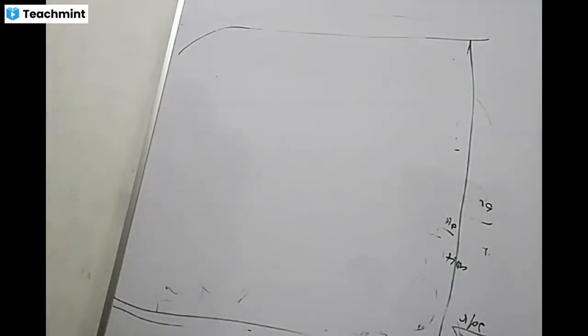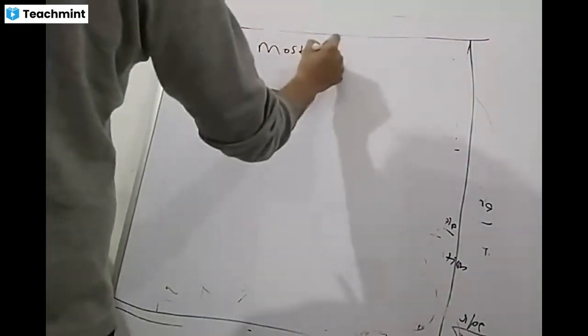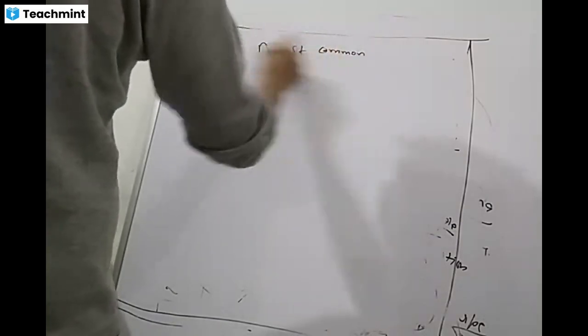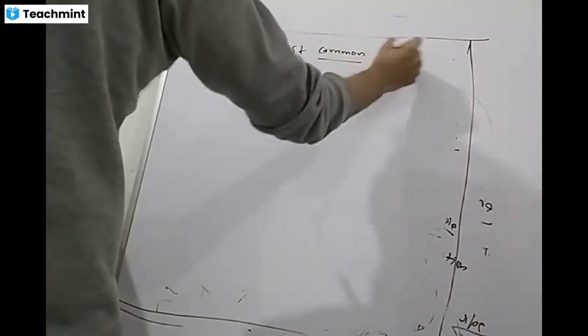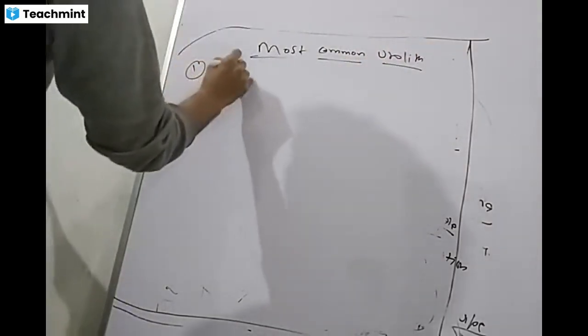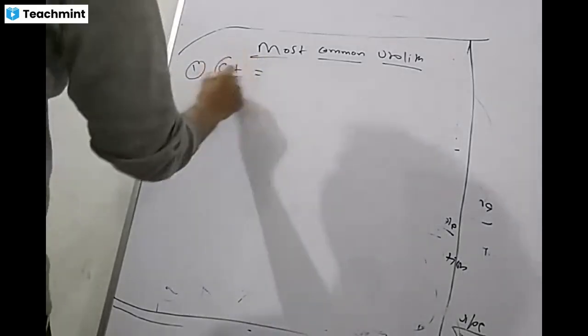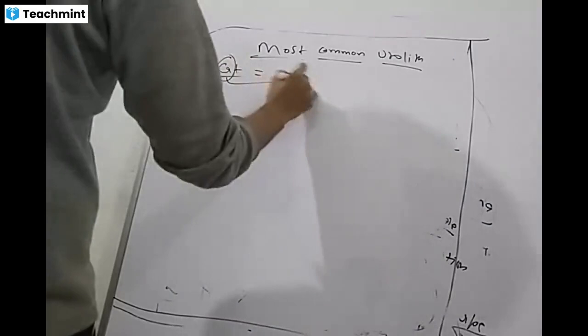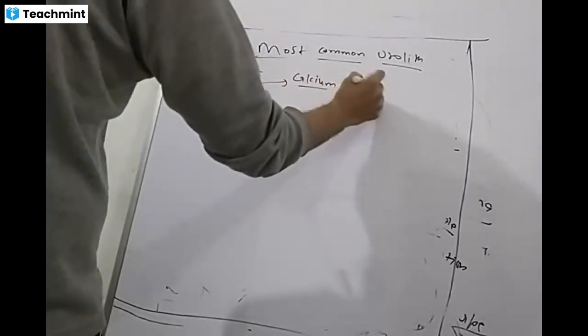So after predisposing factors, we'll see the most common urolith in different species. First, in case of cat, from the name itself, Ca, that is calcium oxalate.